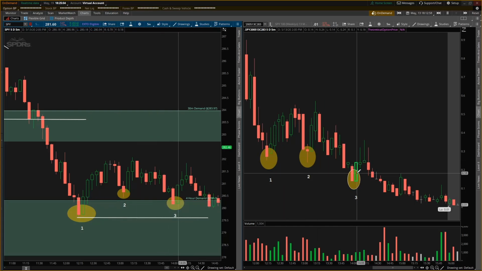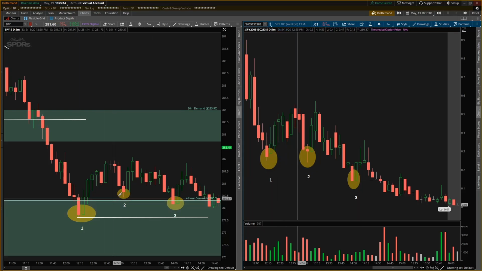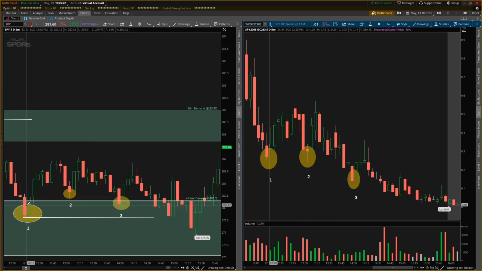But on the option contracts, we are way below the low. So this is from 0.25 to 0.15, which is about a 43% loss, even though the stock did not go below that low. And even though we're still right on the direction, because the stock is pretty much sideways.